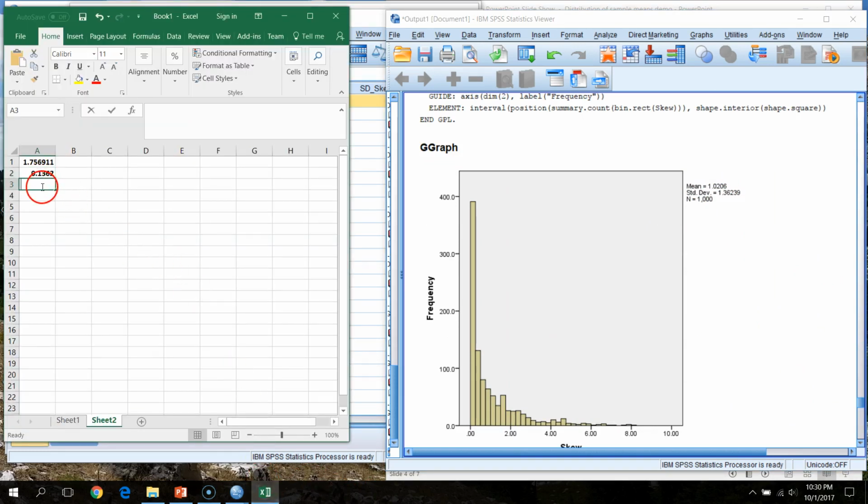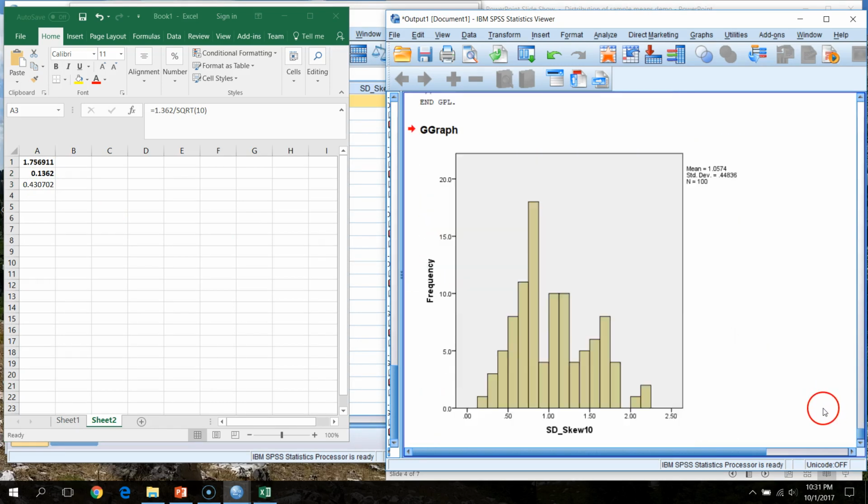Again, if we say equals 1.362, our population standard deviation, divided by the square root of 10, we get a standard error with random draws of 10 individuals of 0.431, again a lot bigger than our standard error for samples of 100, but we've got a less precise sample.